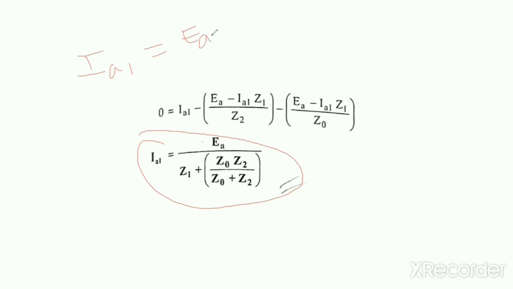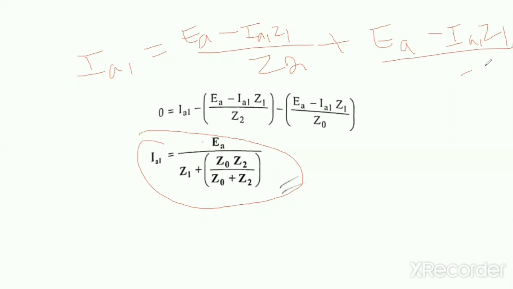EA minus IA1 Z1 by Z2 plus EA minus IA1 Z1 by Z0.